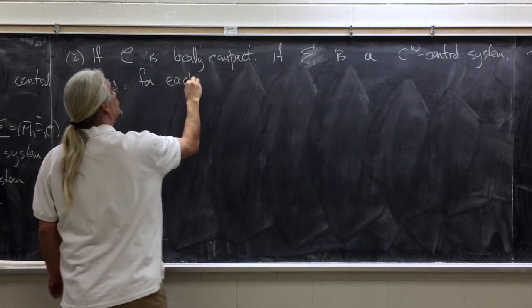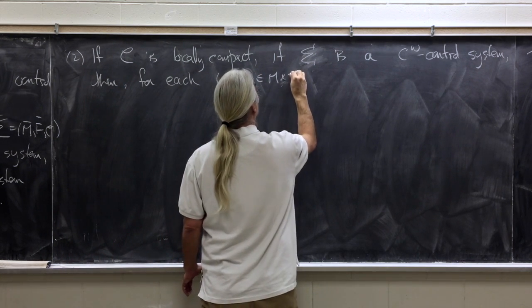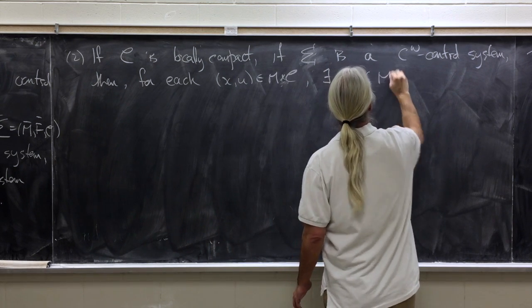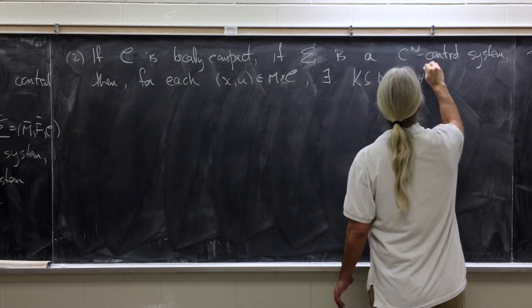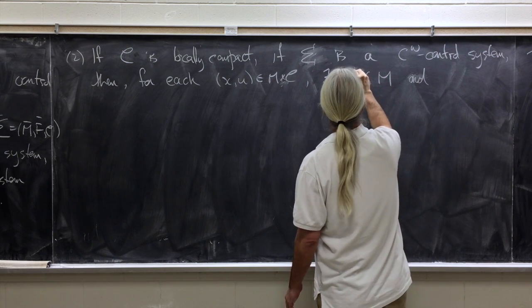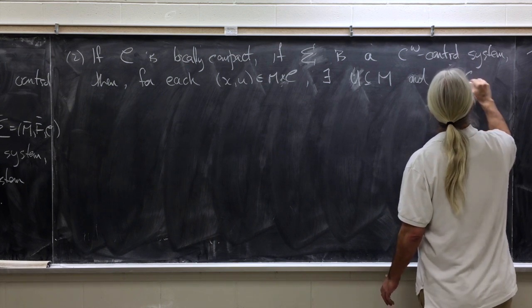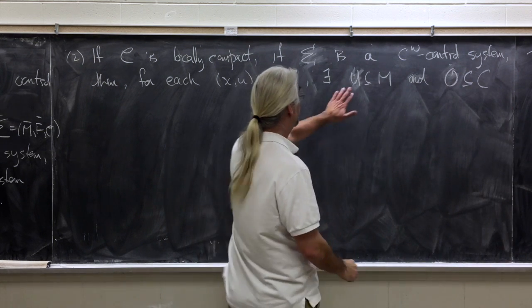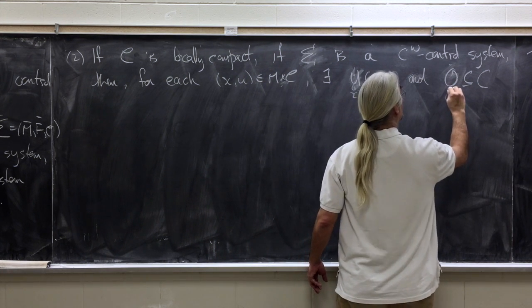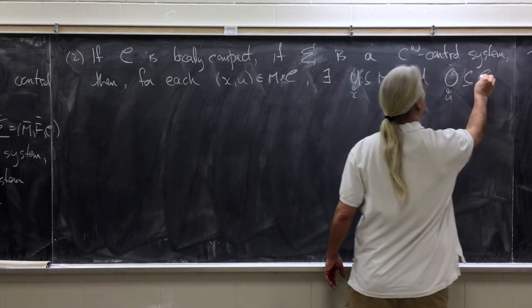Then, for each x u in M cross C, there exists K, and so actually let me say it this way. There exists a neighborhood U, okay, and a neighborhood O. So this is a neighborhood of X. This is a neighborhood of U. Okay, and that's a C like this.